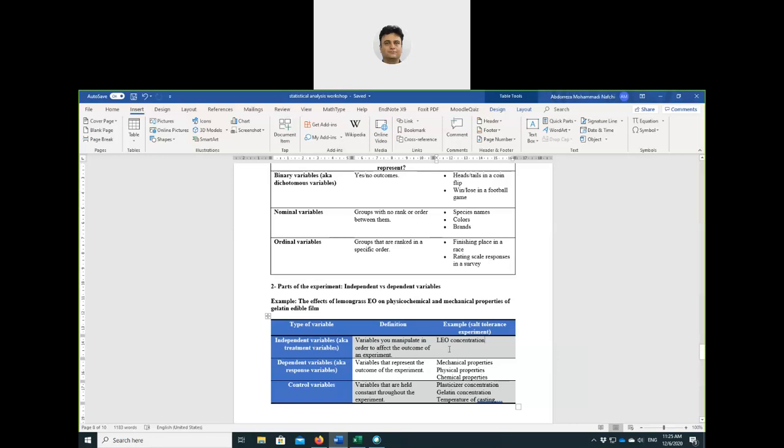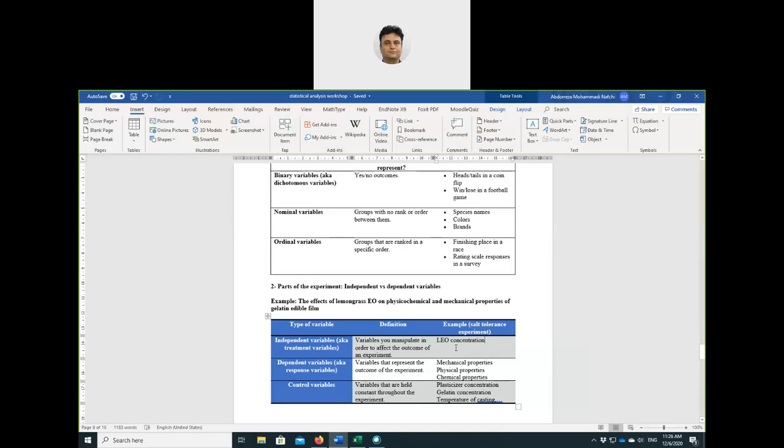We choose some, maybe based on a preliminary experiment or on the literature, for example 1%, 2%, 3%. So in this case, we change the variable manually.